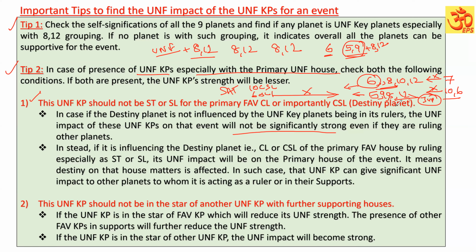In such case, Jupiter can be star lord for Mercury, Jupiter can be star lord for Venus, or Jupiter can be sublord for Sun, any other planet can have the Jupiter at the star level or sub level.